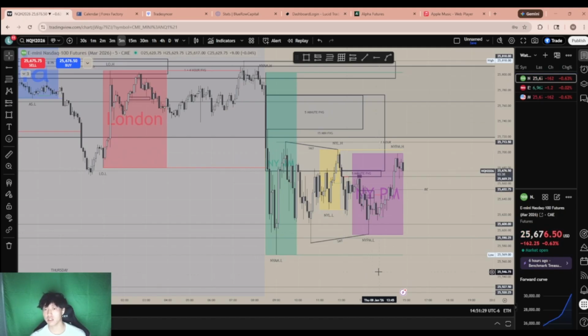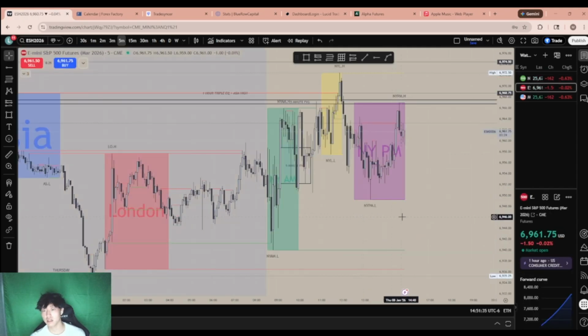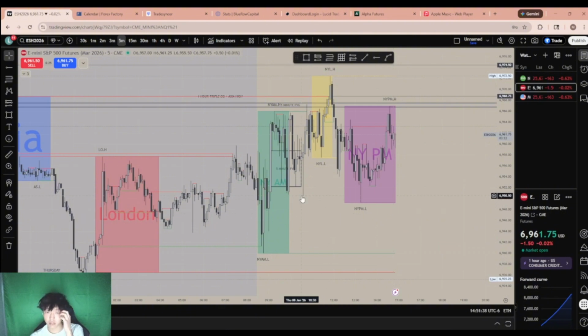Now, unfortunately, it's super freaking choppy. And if you look at where ES hit this SMT right here, it didn't really have to move much. It took out triple equal highs, Asia high, 1-hour fair value gap. It was just too choppy.